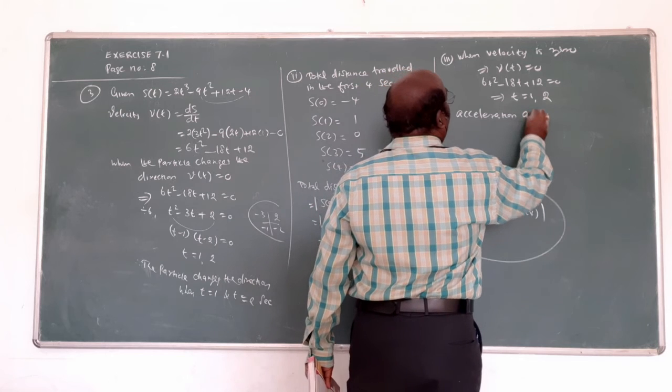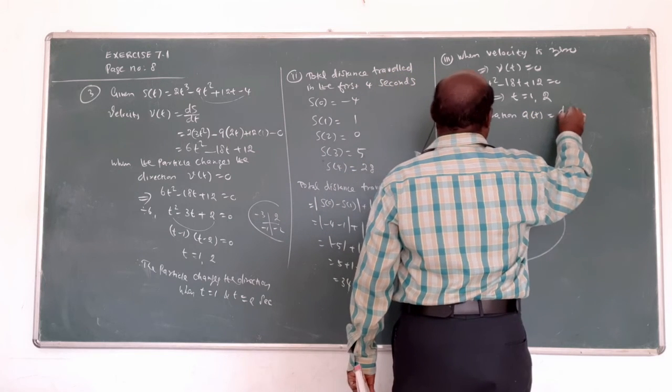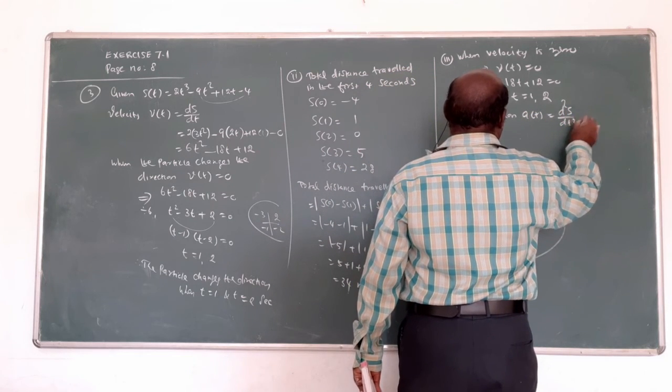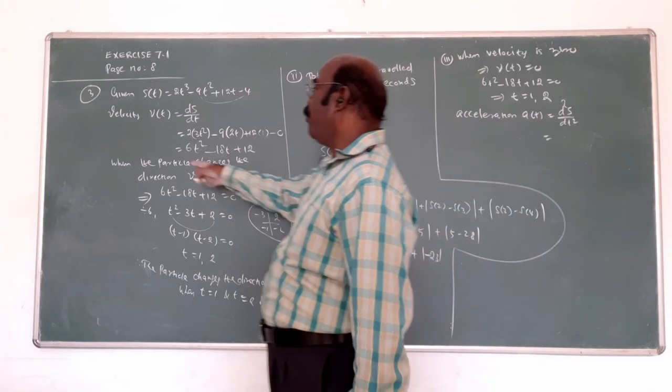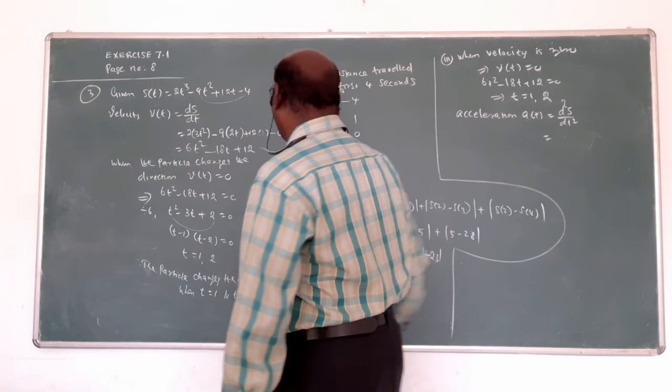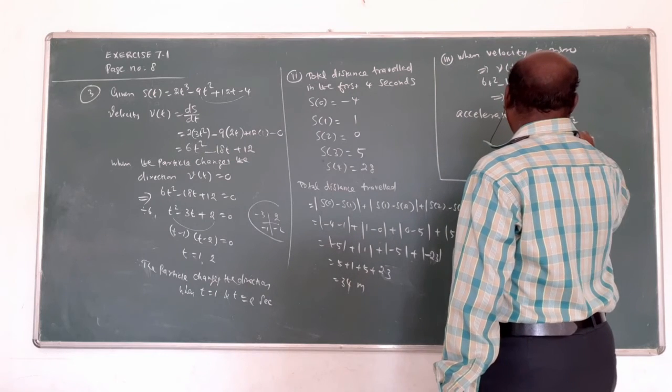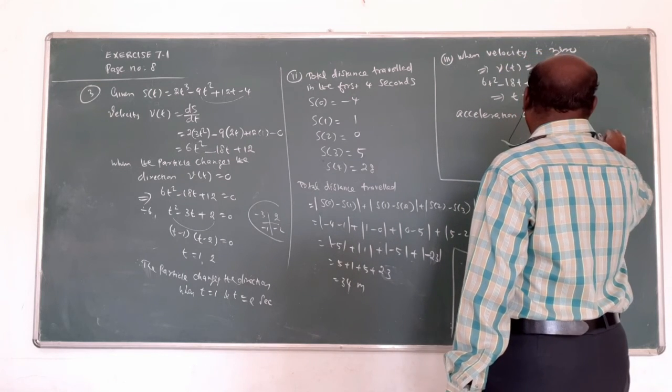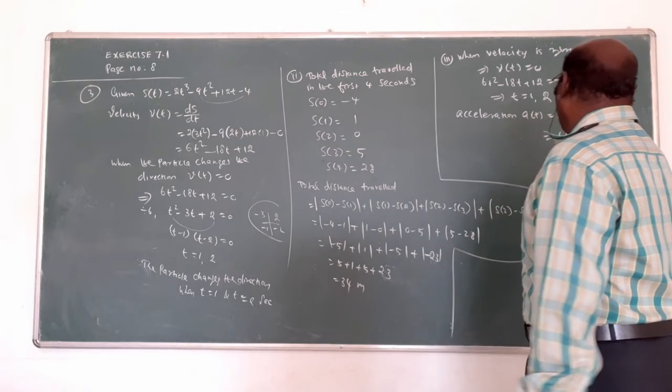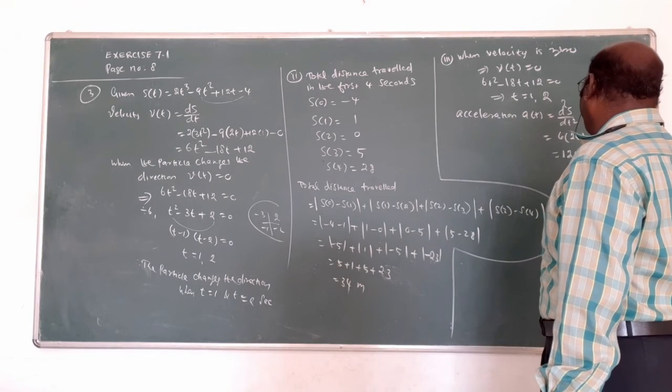What is the formula? A of t equal to d square s by dt square, the derivative of ds by dt. So acceleration is 6 into 2t minus 18 into 1 plus 0, or 12t minus 18.